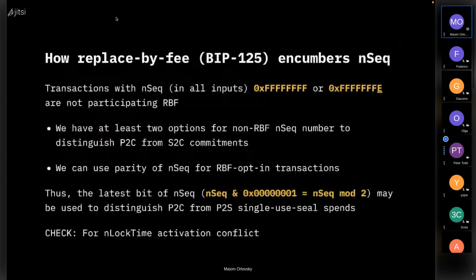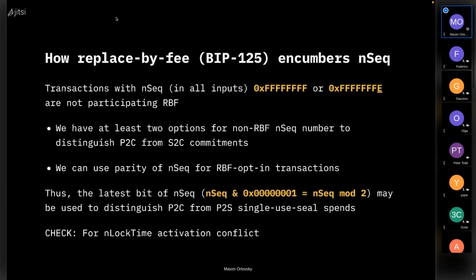So there's no way to opt into replace-by-fee without turning on nLockTime. No, it shouldn't be possible as far as I remember. Well, but again, you can signal nLockTime activation without any consequences for your transaction mining conditions. Because if you want to use nLockTime, right, then you will have to use RBF.